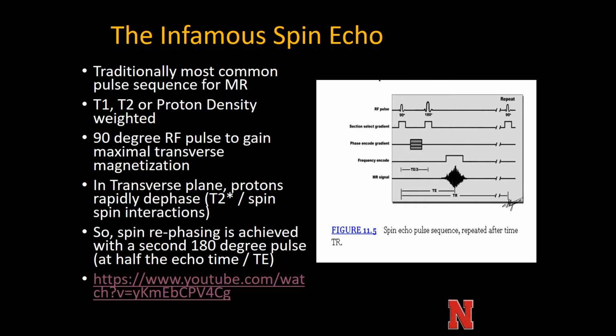Why do we do that? Well, there's a couple reasons. One, it negates all the T2 star effects and magnetic field inhomogeneity, right? Because if you do that initial 90-degree pulse, everything starts to push away, and it just functionally buys you more time by rephasing all of the protons 180 degrees opposite, which allows you to get signal in a little bit of a slower fashion.